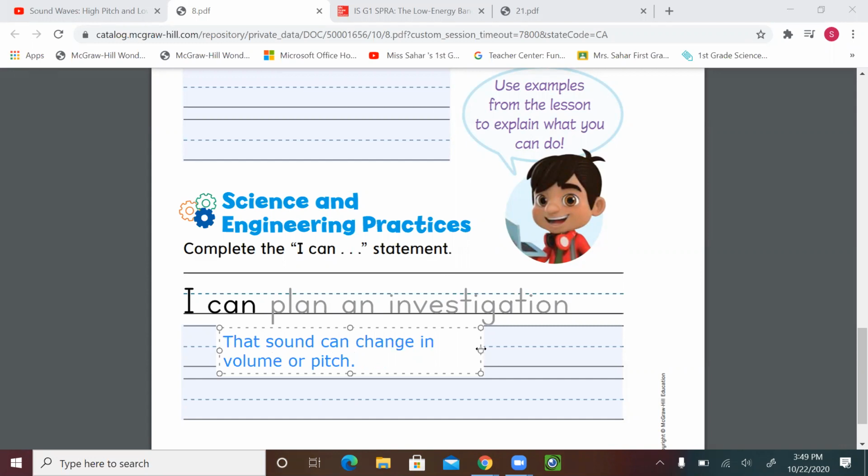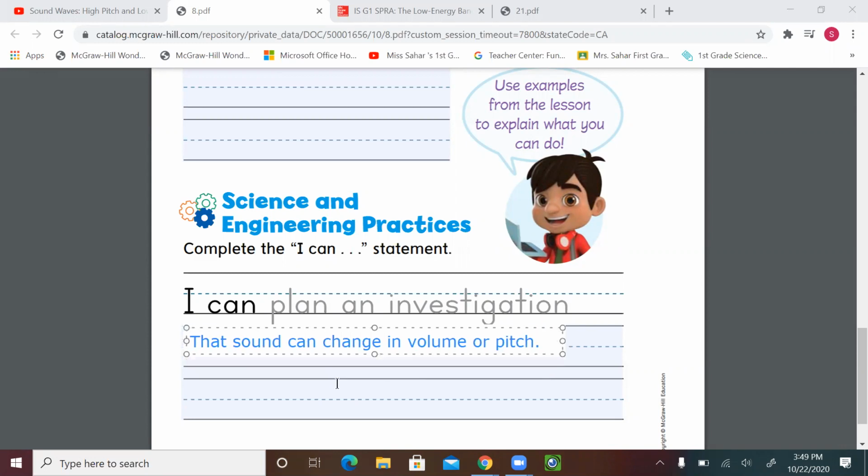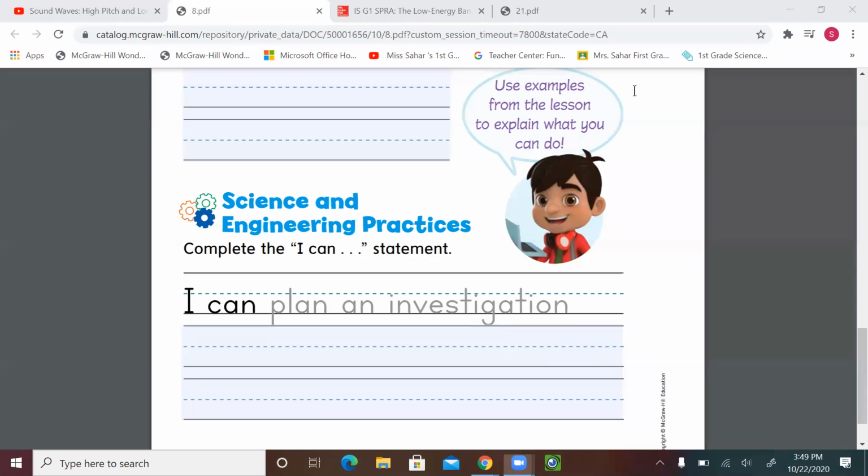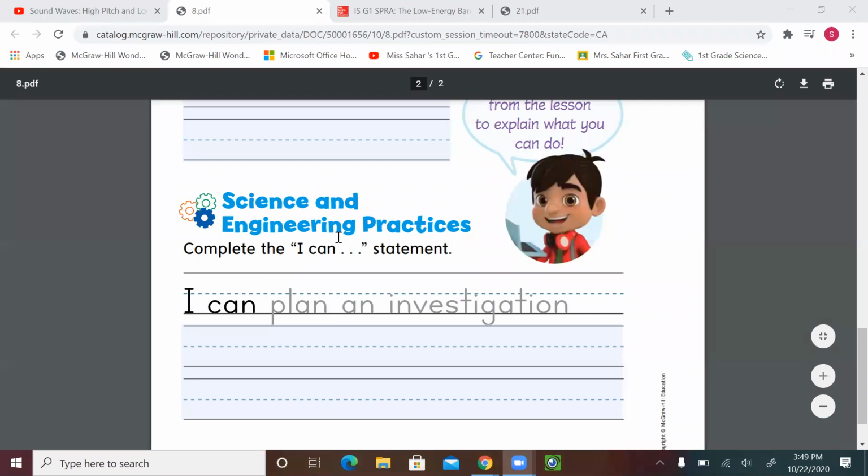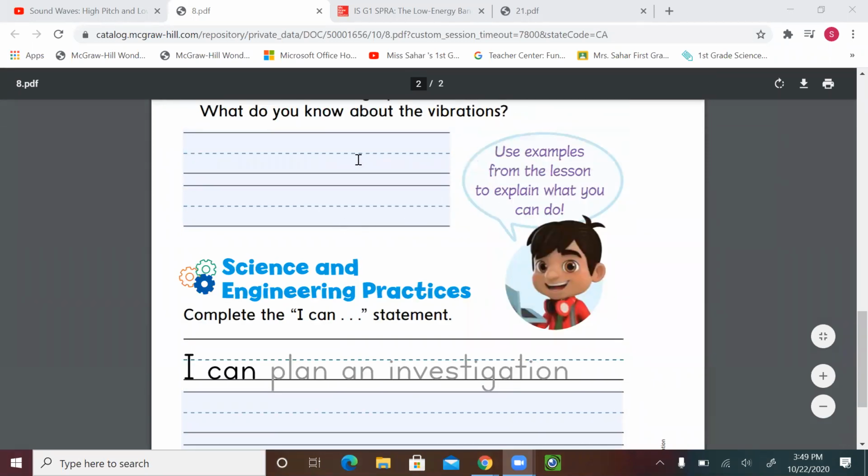As we know, sounds are energy, but we can hear it, and we made some different experiments to be able to see the sound wave, because we cannot see it. But when we used water, it was easy for us to see it. All right, so clear. So this is for this page.